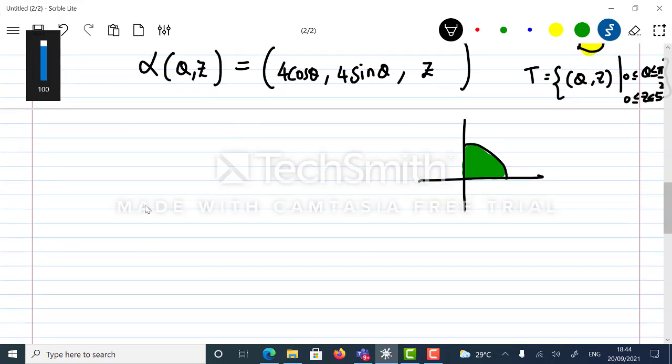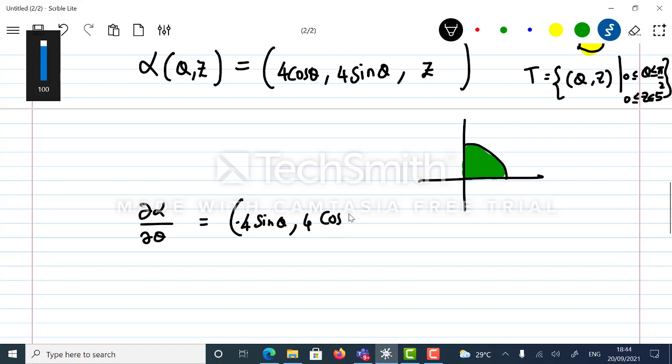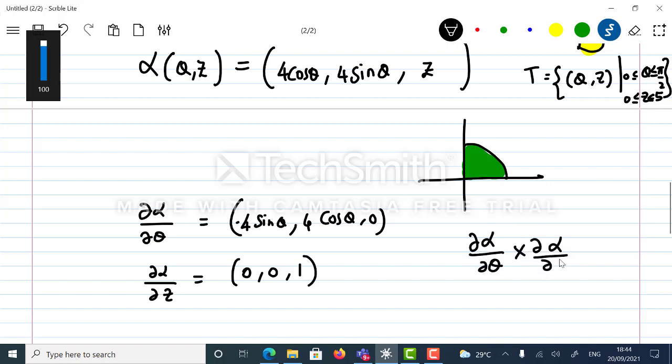Now you need to find dou alpha by dou theta, that is minus 4 sin theta, 4 cos theta, 0, and dou alpha by dou z, that is 0, 0, 1, and then dou alpha by dou theta cross dou alpha by dou z. This product is also called the fundamental product.